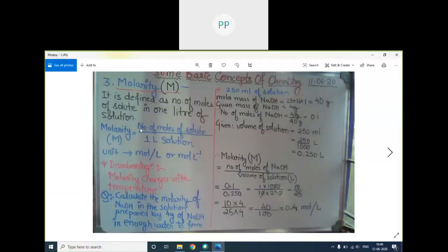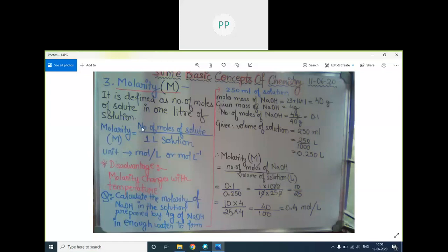So we have already learned about the concentration terms, mass percentage, mole fraction, also volume percentage and parts per million. Now, one more concentration term we are going to use in our laboratories also, that is molarity.